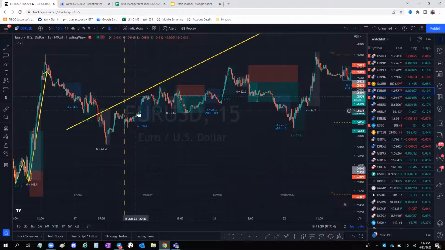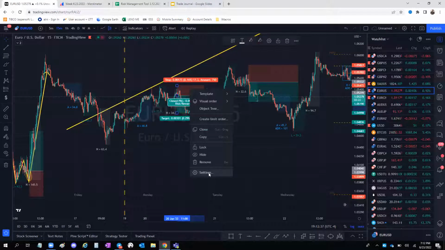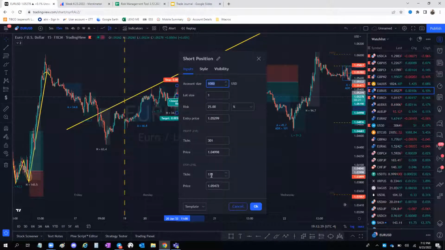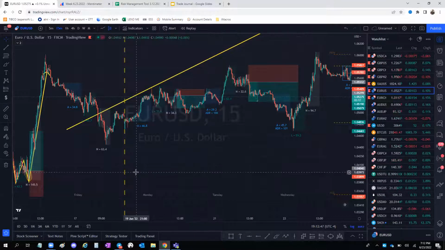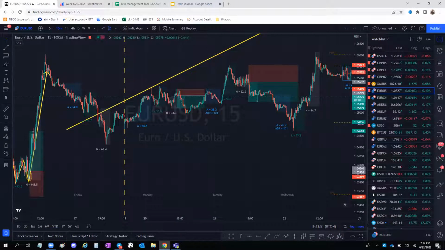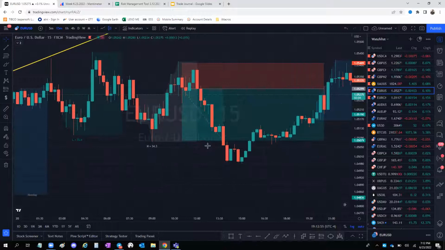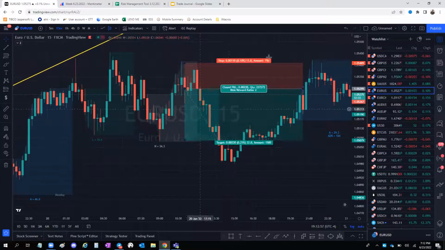Because this one had a good setup. We have the Asian, first leg London, second leg New York. A nice entry trigger there, acceptable risk. We're seeing 11 pips stop loss, 22 pips take profit. Let me just zoom in a bit. All right, so this is our setup.